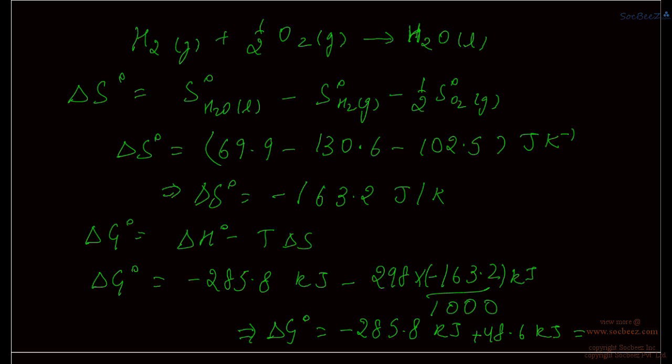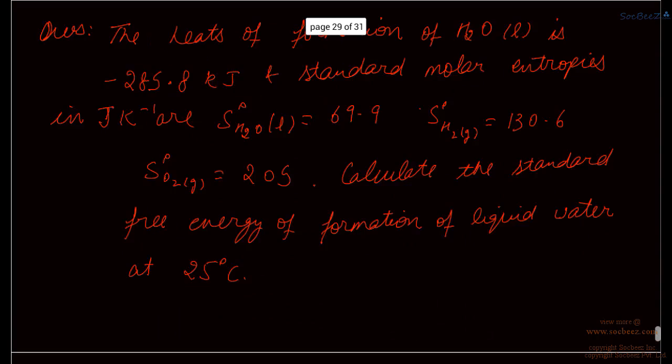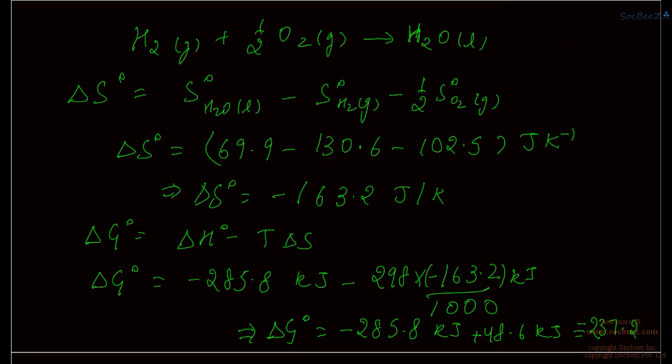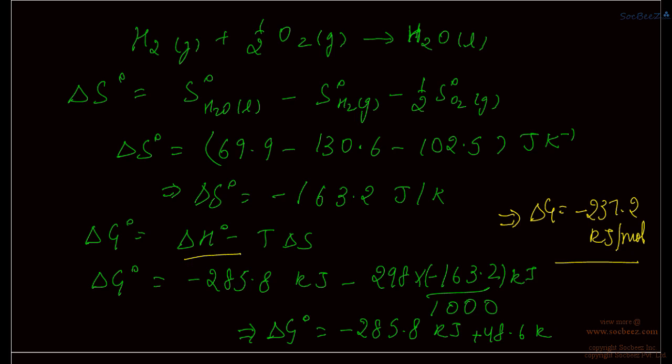So this equals minus 237.2 kilojoule per mole. From here the value of delta G is minus 237.2 kilojoule per mole. So this was the application of this formula, delta H minus T delta S.